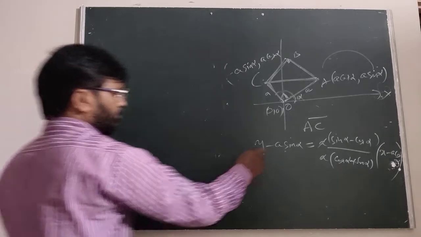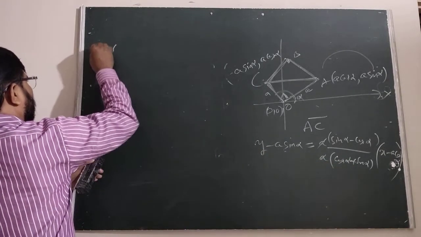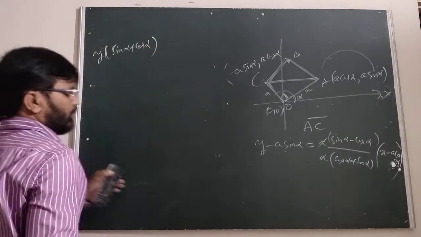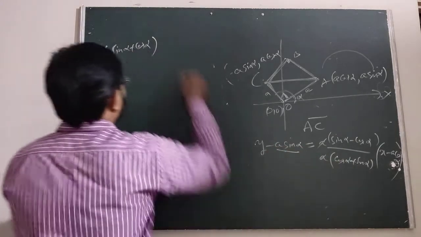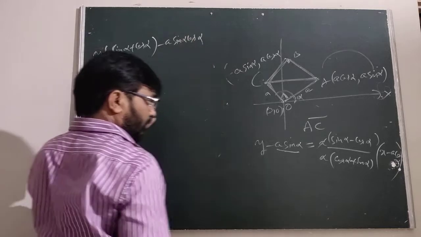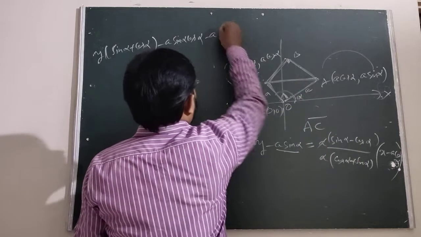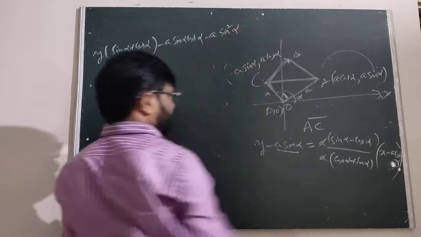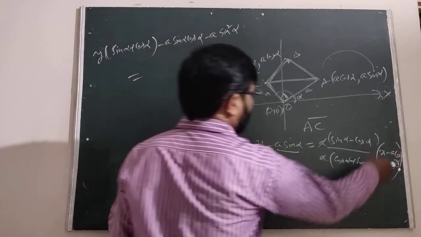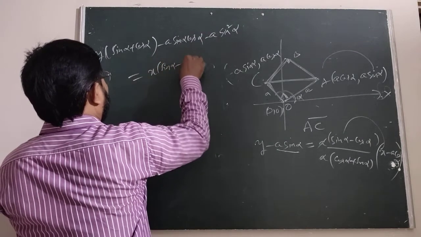We first multiply this one: y into sin alpha plus cos alpha. Now multiply with this one: minus A sin alpha into cos alpha. After that, minus A sin into sin, that is sin square alpha.